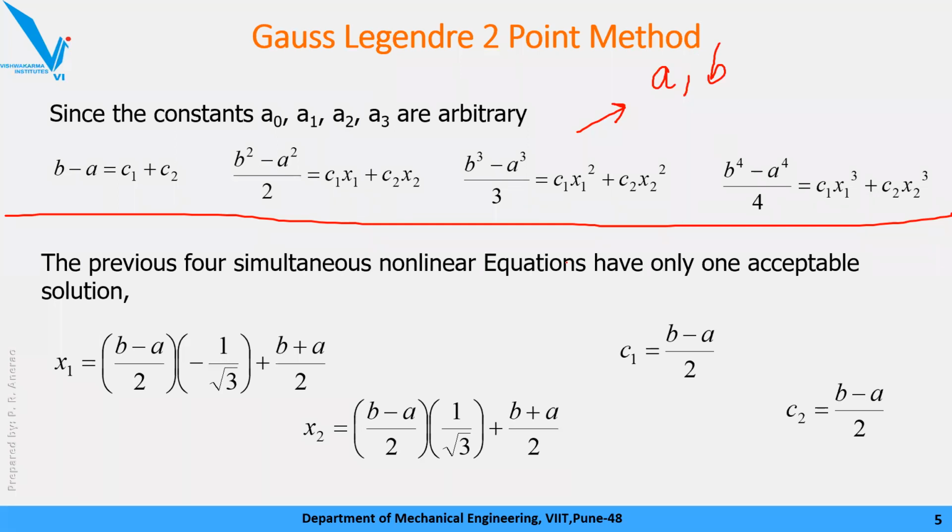So there are four unknowns: x1, x2, C1 and C2. A and b are nothing but the limits of integration. Okay, here it is denoted as a and b. So if we solve these four equations simultaneously, the method implemented here is the method of undetermined coefficients.